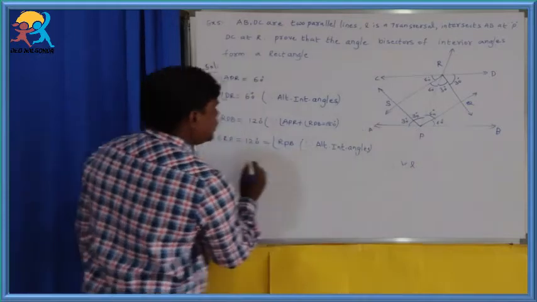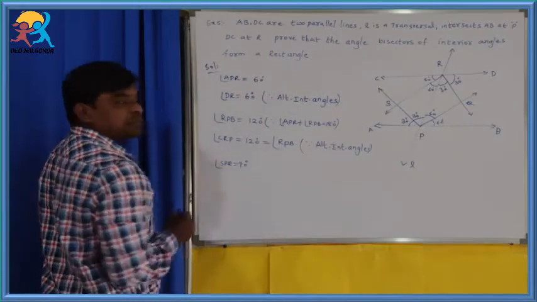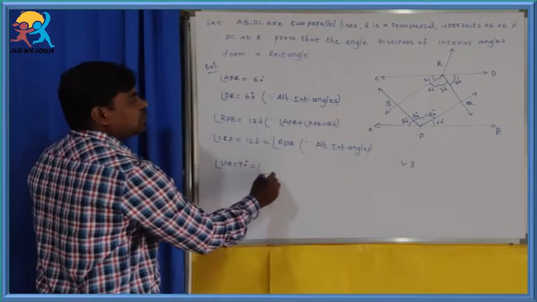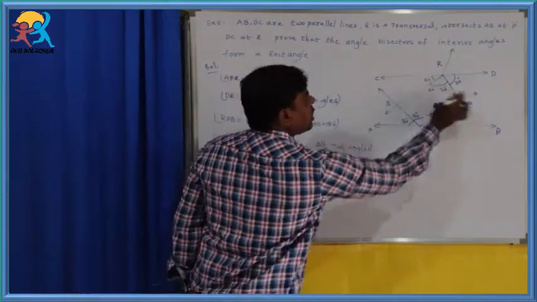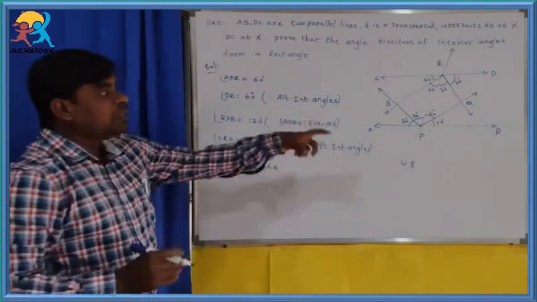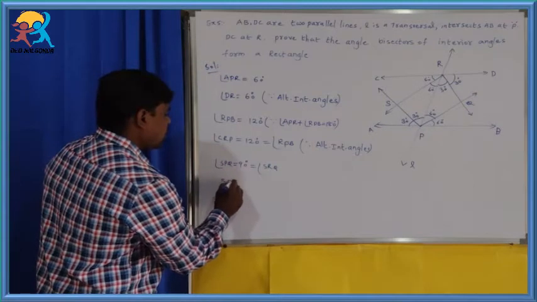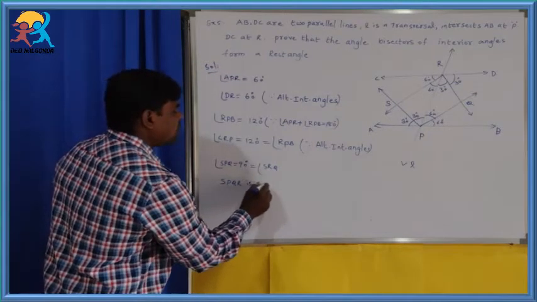Angle SPQ is equal to 90 degrees, that is equal to angle SRQ. Actually SPQR is a quadrilateral first.